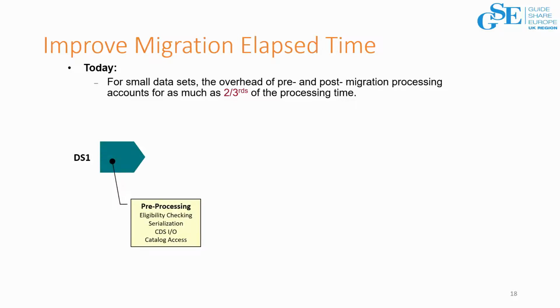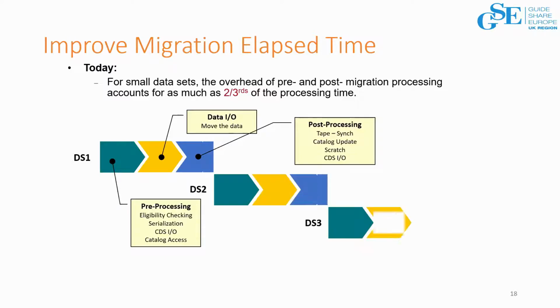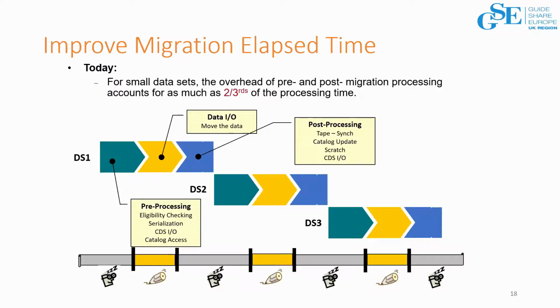You can see depicted here on this slide, when a data set is migrated, HSM first performs these pre-processing activities, then HSM moves the data, and then there are post-processing activities that HSM performs. And HSM will do this for each data set serially. So you can see down here at the bottom of the slide, just this fraction of the overall processing time actually accounts for data movement shown in yellow.